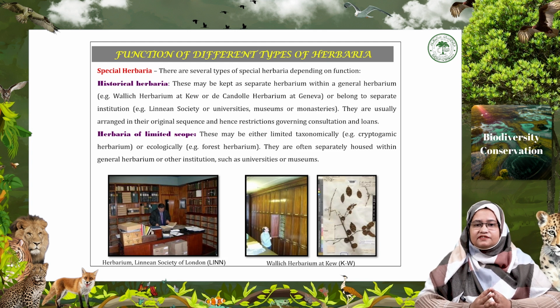As we have studied earlier, a herbarium is arranged in a sequence, a particular type of classification. Suppose in a herbarium a particular region's plants need ecological conservation or biodiversity conservation. There is a separate area where the ecological or cryptogamic herbarium is prepared.